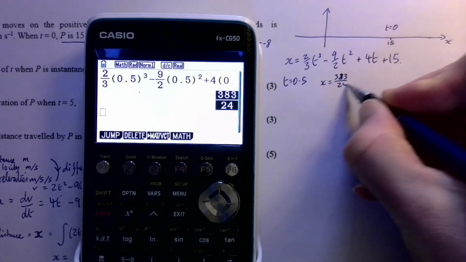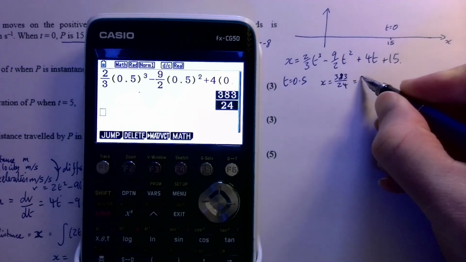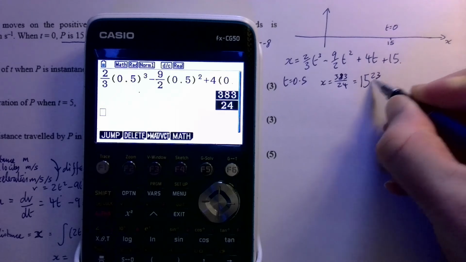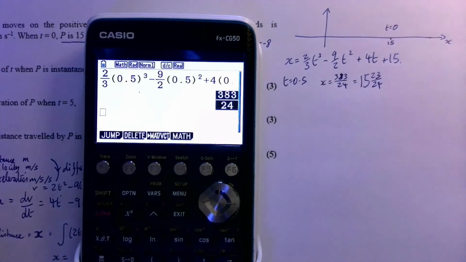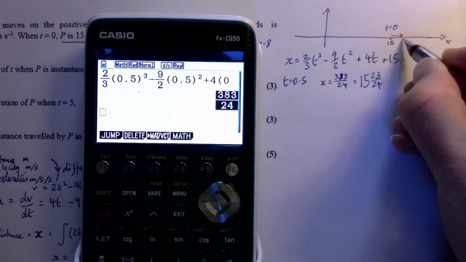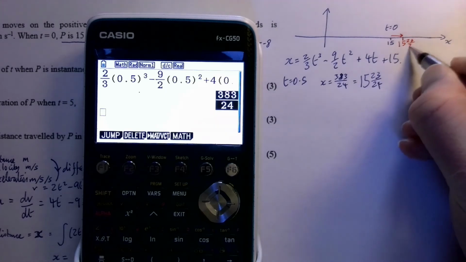Now, if you do S to D on that, it does tell you 383 over 24. And you can do a little bit of investigation to realize that that is actually exactly 15 and 23/24. I'm going with that because I think that's quite important. So what that means is that my particle has travelled in this direction a short way to 15 and 23/24.